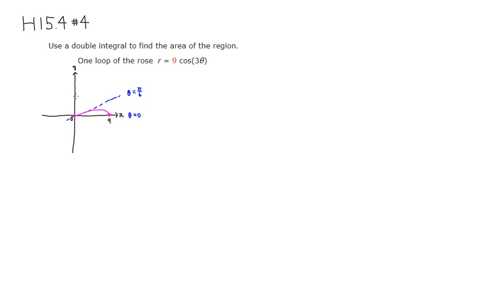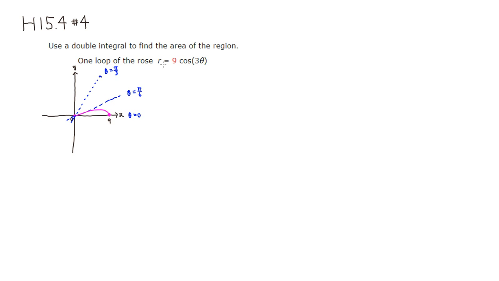Then the next angle would be maybe pi over 3, which is going to be right here. Maybe we should look at the value every 30 degrees, or pi over 6. So this angle is theta equals pi over 3, and then you have a cosine of pi, which is -1.